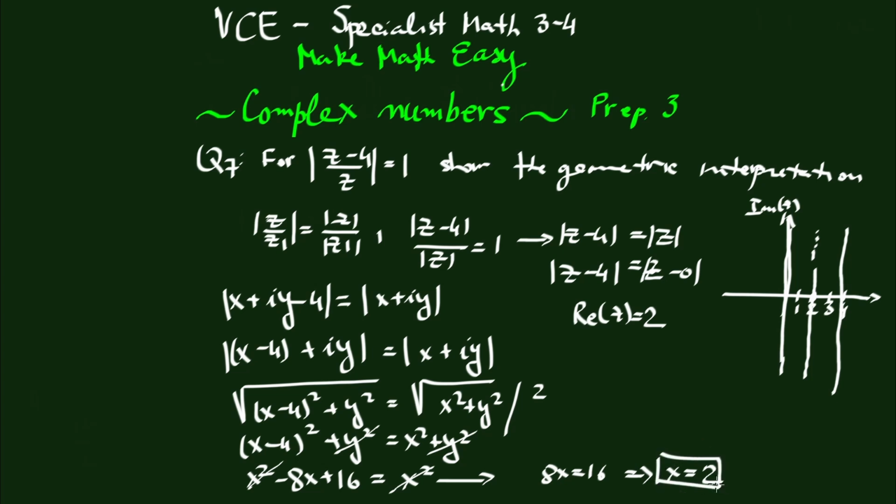So the real part of z equals 2. So that's two ways to solve question 7. One way includes the picture. The other way is when you break it down. So that's our question 7 finished.